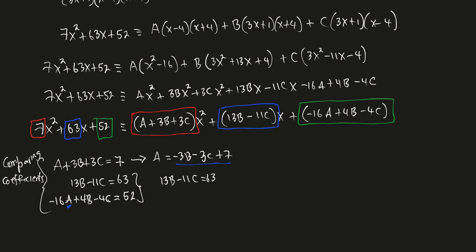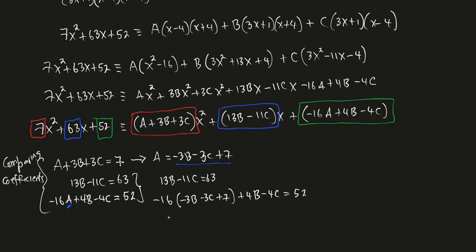And then I'll have negative 16 times what I have here for a. So negative 3b minus 3c plus 7, and then plus 4b, and then minus 4c, and then that's equal to 52. Distribute the negative 16.